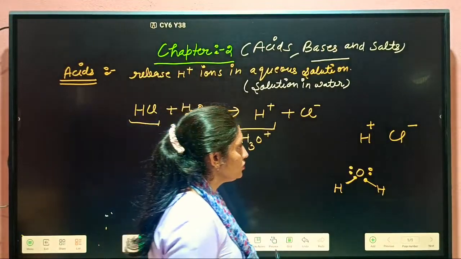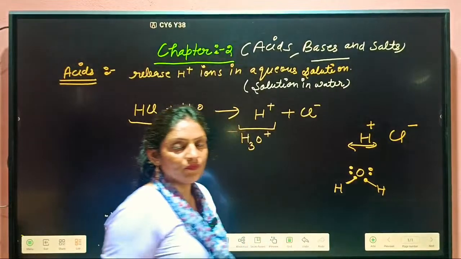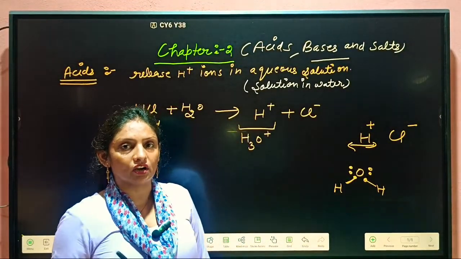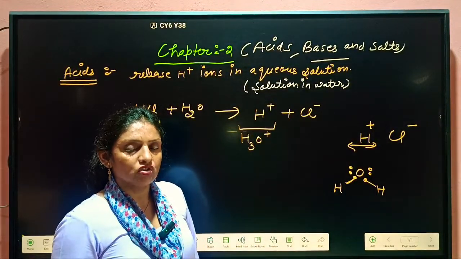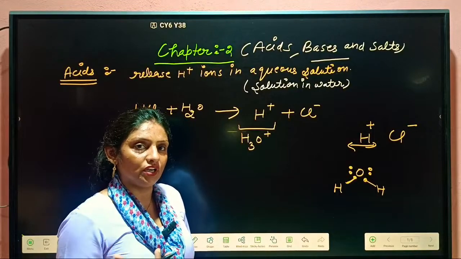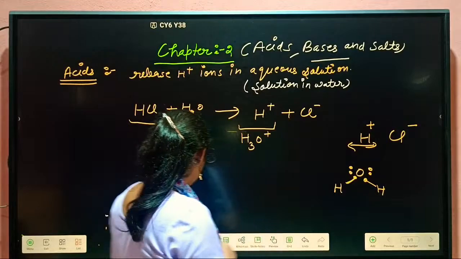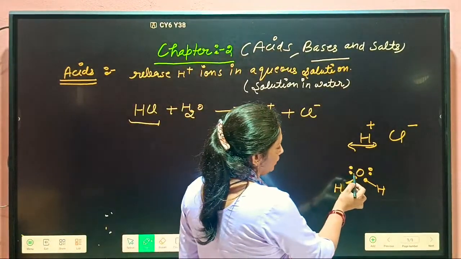Okay students, here you can see this hydrogen has a positive charge on it, meaning it has a deficiency of electrons. It needs some electrons, students. From where can it take them? So for that we will see where electrons are available. You can see at this oxygen free electrons are available.